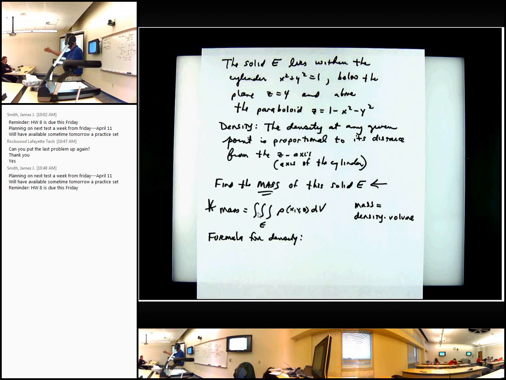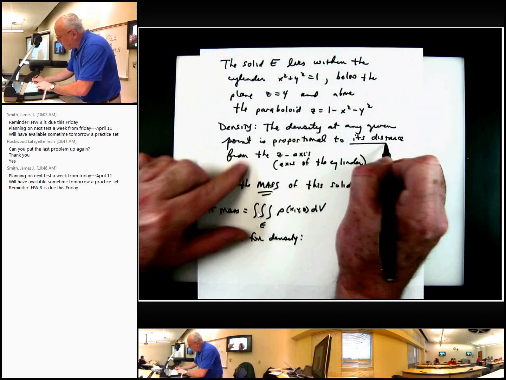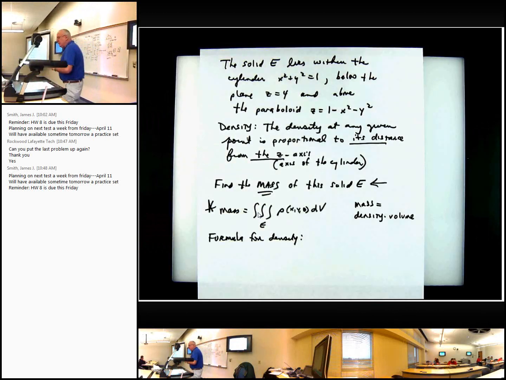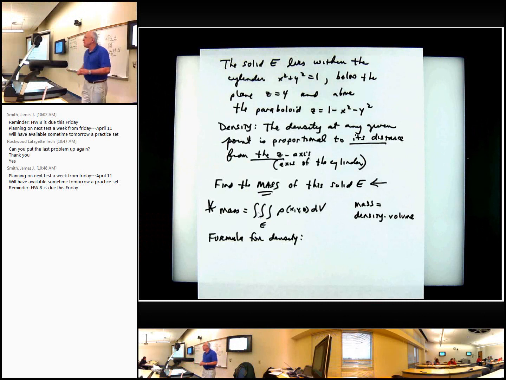As the other one gets bigger, the one gets bigger. Okay, they're directly proportional to each other. But how do we represent the distance? For right now, let's just look at rectangular coordinates. How do I represent the distance of any point from the z-axis?